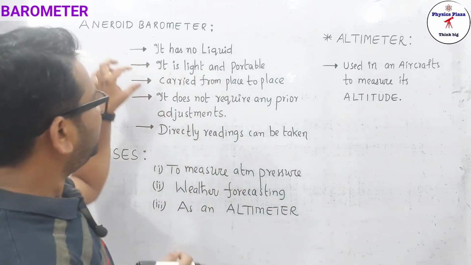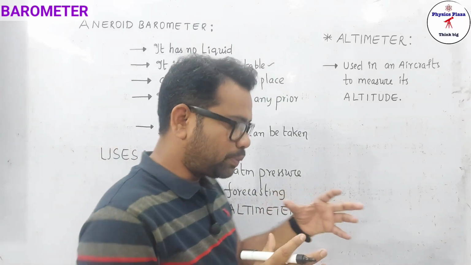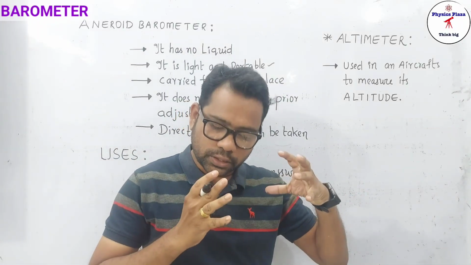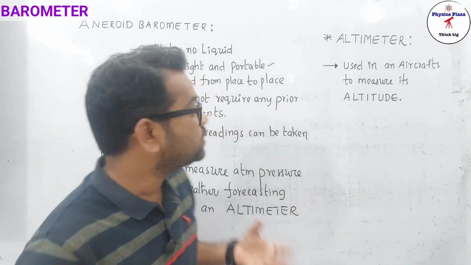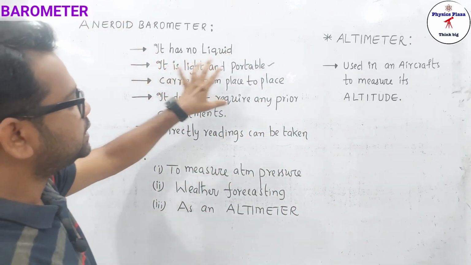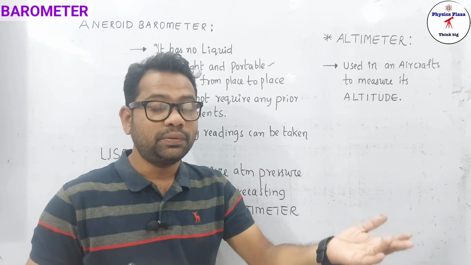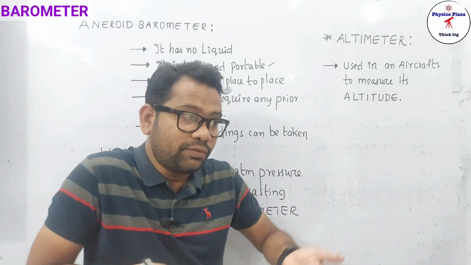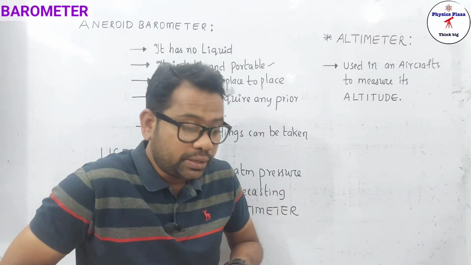Okay, fine. And it is light and portable. Yes, when compared with the simple barometer, as it has a liquid, definitely it will be a bit heavier. But when we come to the aneroid barometer, it is light and portable, so it can be carried from place to place easily. Whereas a simple barometer, when you are taking from one place to another, as liquid is there, should be taken with utmost care.